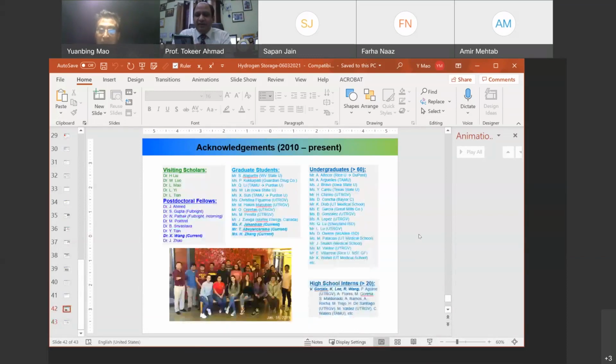But I know there are some research groups in Japan and in Germany, and they are still working on this area. But in general, it's not as popular as it was 10 years ago. And now I think most people who work with porous materials are focusing on carbon dioxide capture.